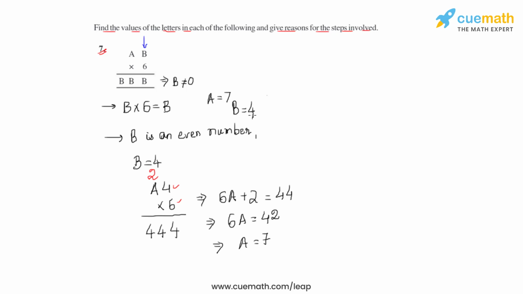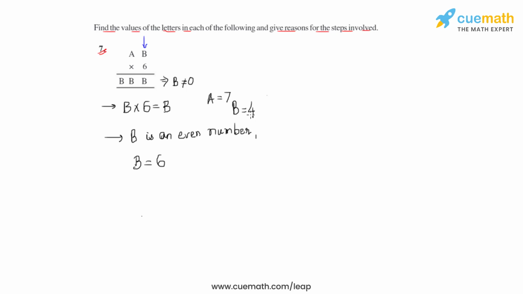Let us see what happens if we consider the next even number. If we consider the value of B to be 6, then A6 times 6 gives us 666. This is only possible when 6 times 6 is 6 and the carry would be 3.